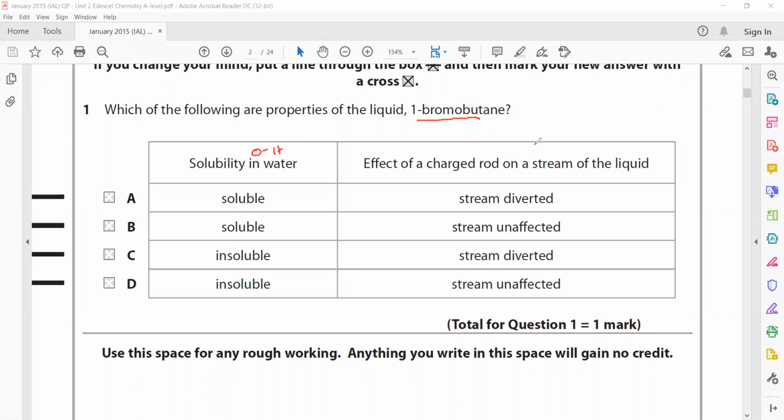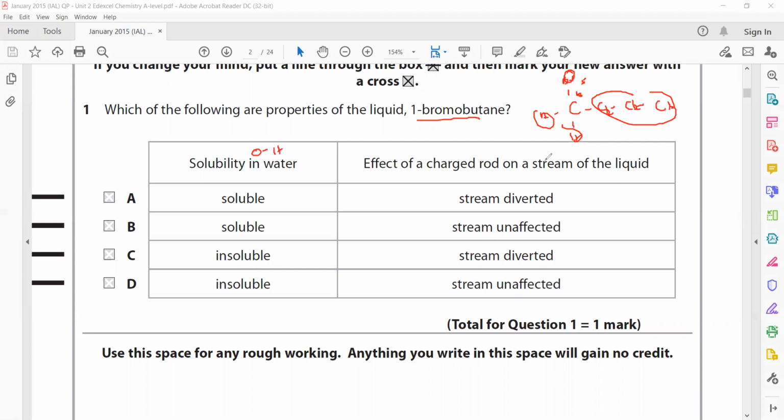But what about the stream diverting? That depends on whether a molecule is polar or not. In 1-bromobutane, you can see the carbon chain is there, hydrogen and bromine, so partial positive and negative.